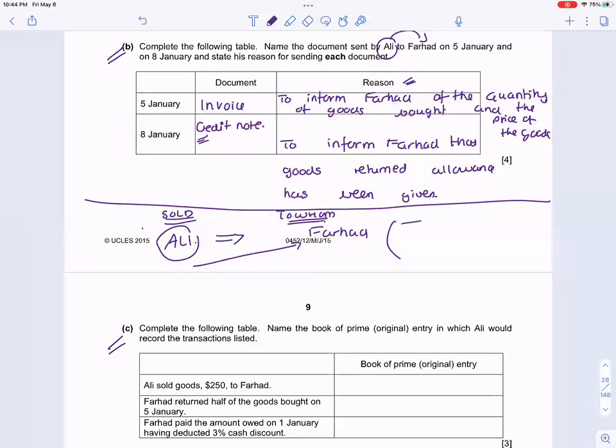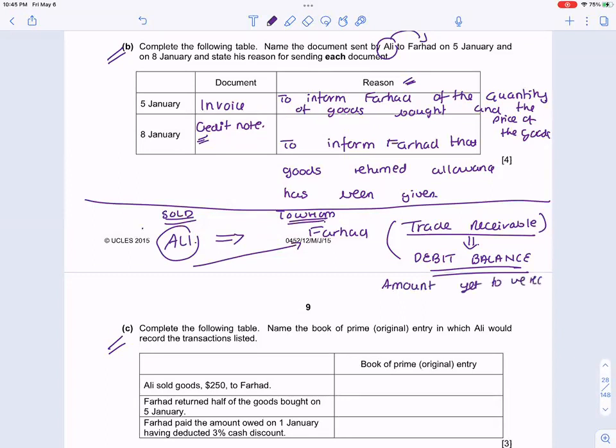Trade receivables have what balance? Debit. Think properly. Trade receivable is an asset for you, so it's a debit balance. So when a trade receivable has a debit balance, that means it shows the amounts yet to be received. Yes or no?